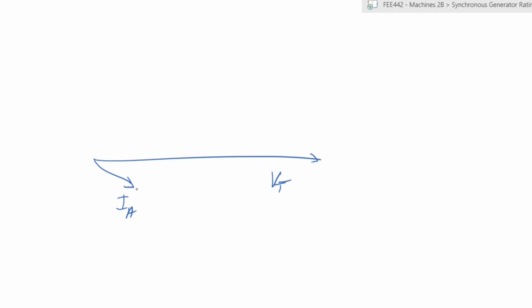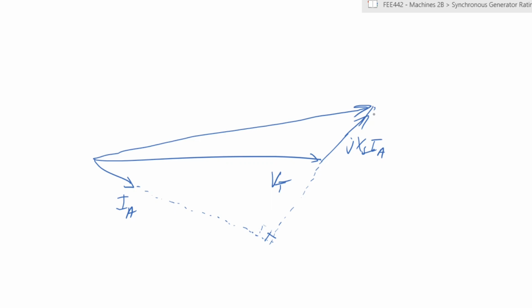Internally, you would have your generator having an internal property that looked like that. At 90 degrees, you have jXsIA being applied there, and of course, you'd have EA over there. So let's just extend that, and you have EA.